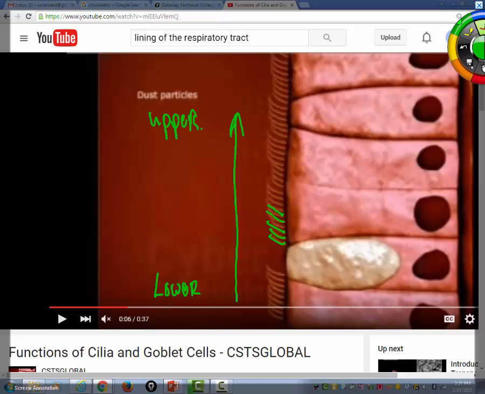So you have these cells that are ciliated, and then about every fifth or sixth cell in the lining that makes up your respiratory tract, you have these cells called goblet cells. Gobble, gobble. And goblet cells secrete mucus. And mucus boogers are sticky.